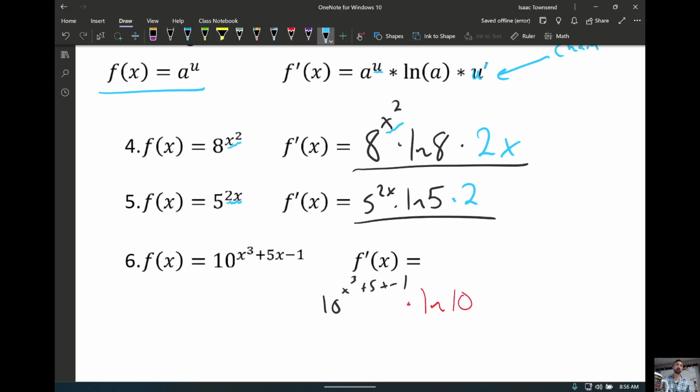And like all derivatives, whether it's product rule, power rule, quotient rule, something we memorize, this falls under one we memorize, times the derivative of what's being plugged into 10 to the x or 10 to the u. This is the chain rule step, so times 3x squared plus 5. All of that makes up the derivative.